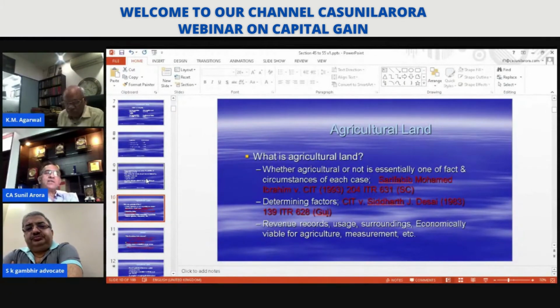If you are purchasing land today in Gurgaon, and the land cost is say 15 crore rupees per acre or 50 crore rupees per acre, then even if the previous owner was carrying on agriculture operation, or you carry it out for some period after purchasing, it would still not partake the character of agriculture land, because at such a price per acre, agriculture activity cannot be economically feasible.